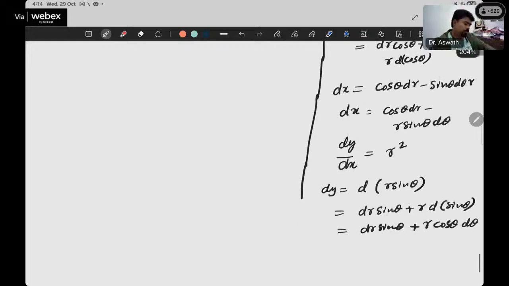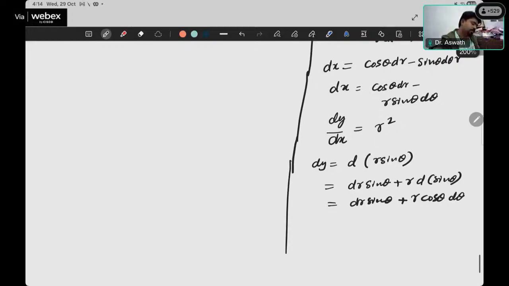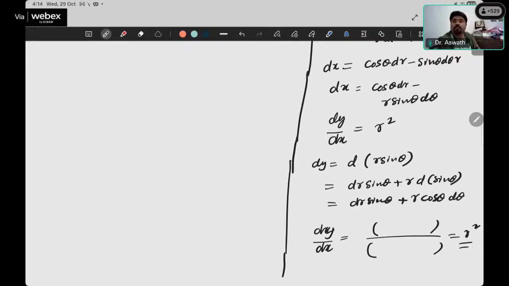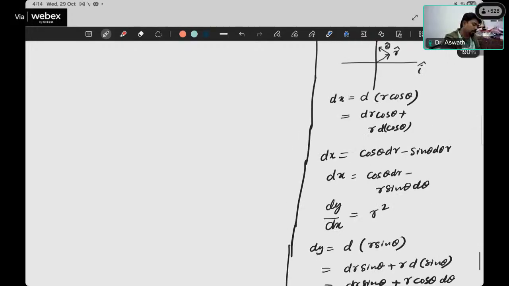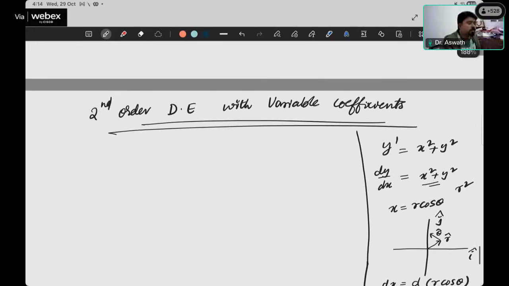So I know dx and dy. You substitute dx and dy, and you will get two quantities equal to r square. From there you try to separate in terms of derivative with respect to r and derivative with respect to theta.